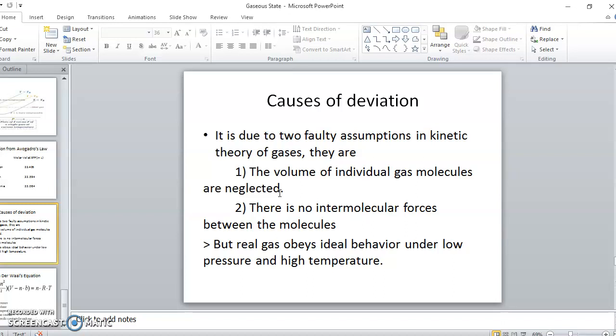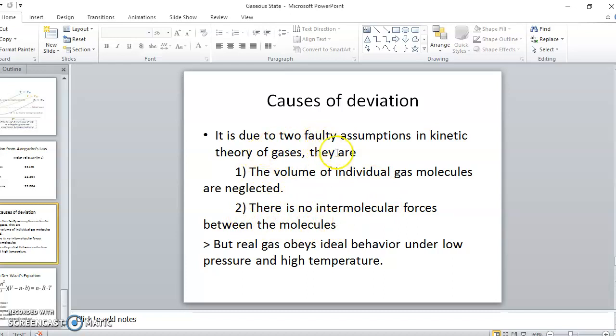And similarly, you know all the real gases are liquefiable. Real gases are liquefiable only if there are intermolecular forces, isn't it? So if you take ammonia gas, oxygen gas, nitrogen gas, all are liquefiable. But for an ideal gas, what we said is there are no intermolecular forces. But for real gases, there are intermolecular forces.